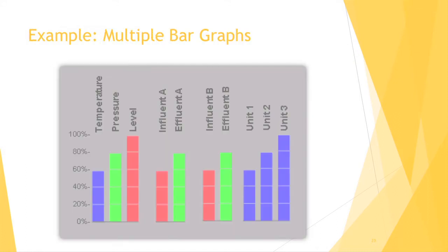So, example of the symbol wizard using a bar graph. If I want to account for the different ways to show that bar graph, I can have some choices. How many bars do I want to show? What color do I want to show the bars?